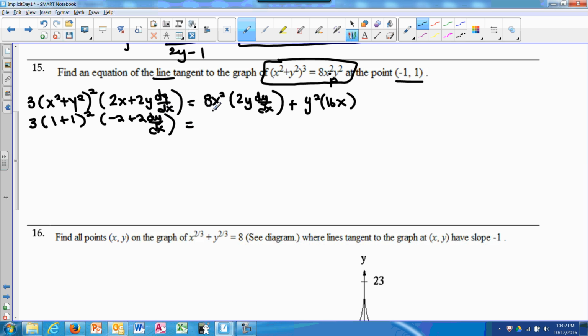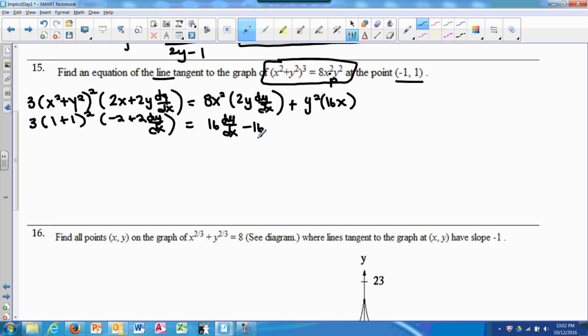We now have 16 times negative x squared becomes positive 1. Y is already positive 1. And then we have the dy/dx. X is negative 1, so this becomes negative 16. And then y is squared, but that's still just 1.